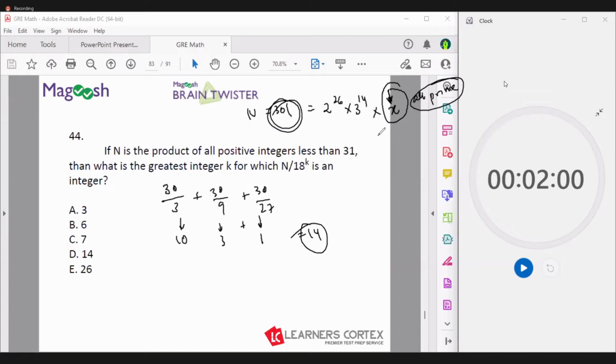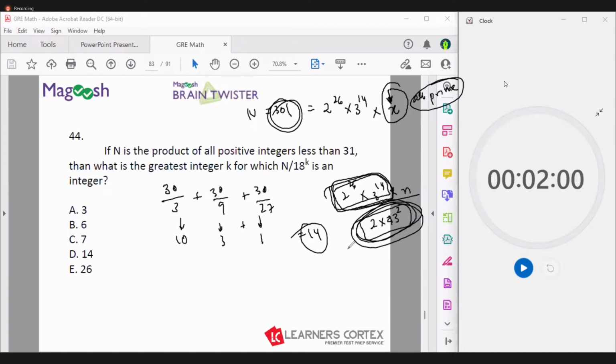Okay. Now, we have to divide this particular number by 18. Now 18 is 2 into 3 to the power 2, right? So we have to arrange this particular thing in this particular format so we can completely divide this by 18.